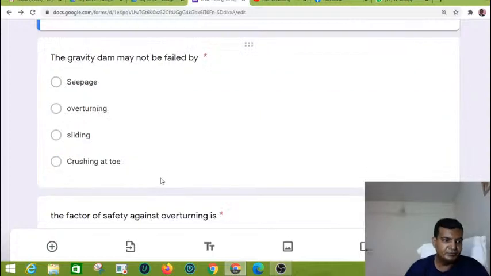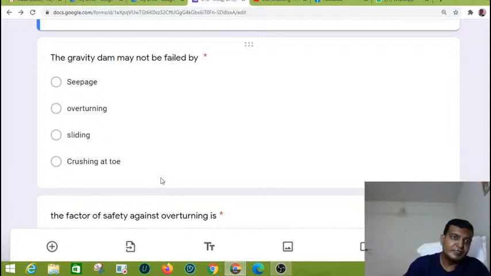Next objective, the gravity dam may not be failed by seepage, overturning, sliding, crushing. We have never heard that any gravity dam got failed due to seepage. So "not" is the important word we have to keep in our mind.